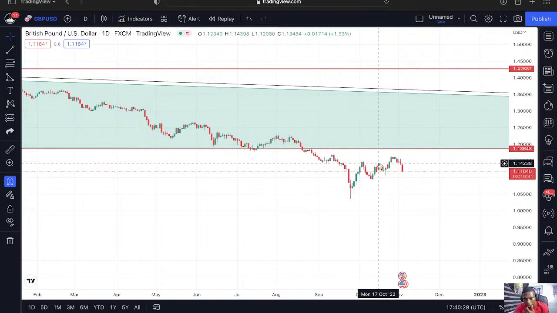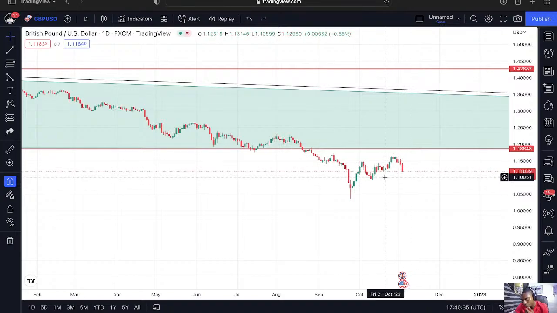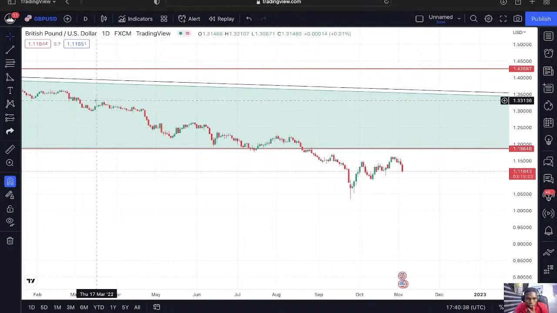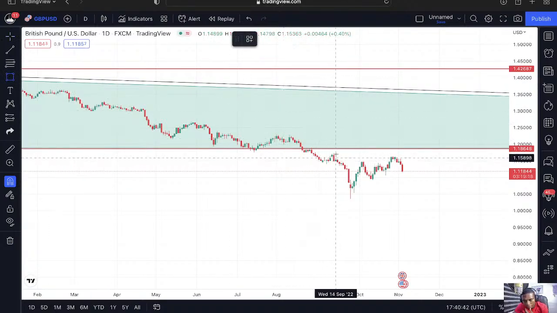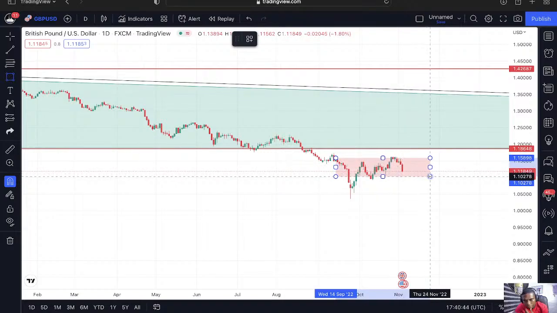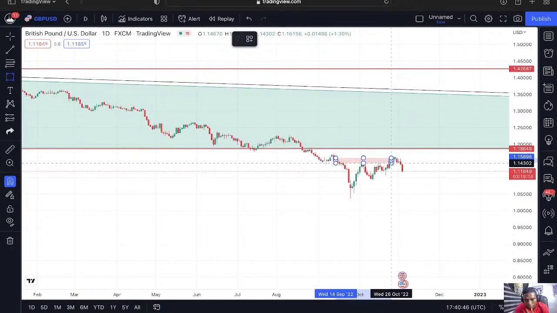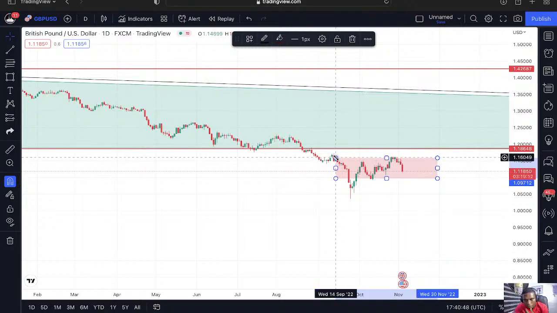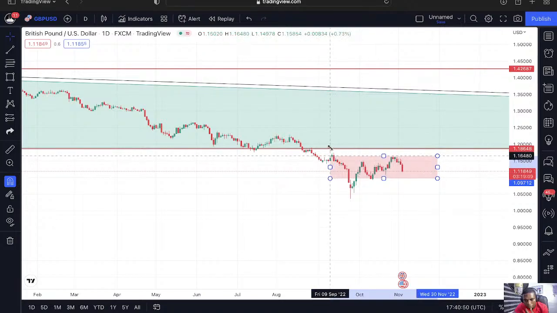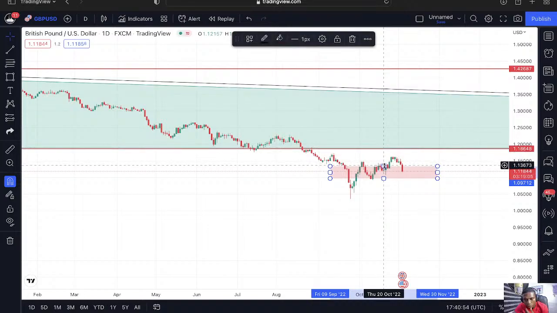Look at what price did here. Okay. This is a symbol of sell pressure. So what is price going to do here? There's going to be a sell-off.